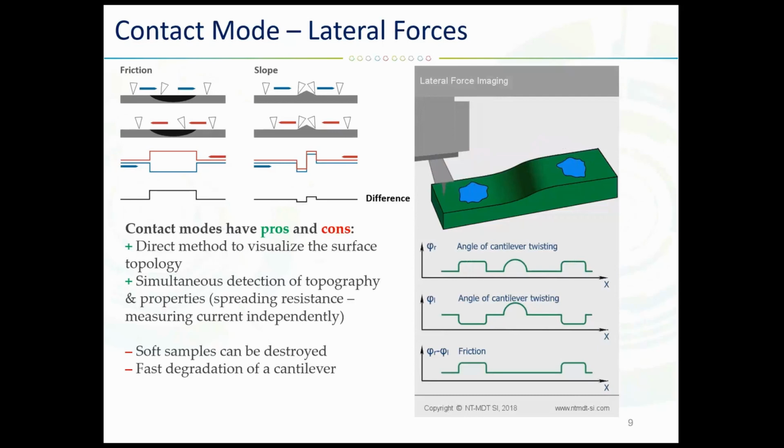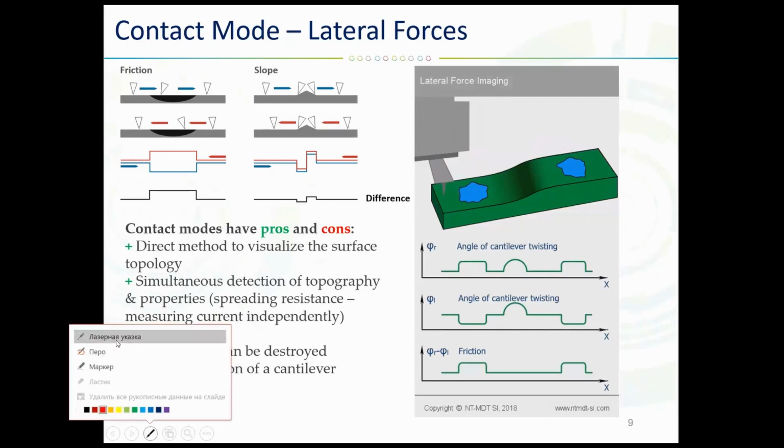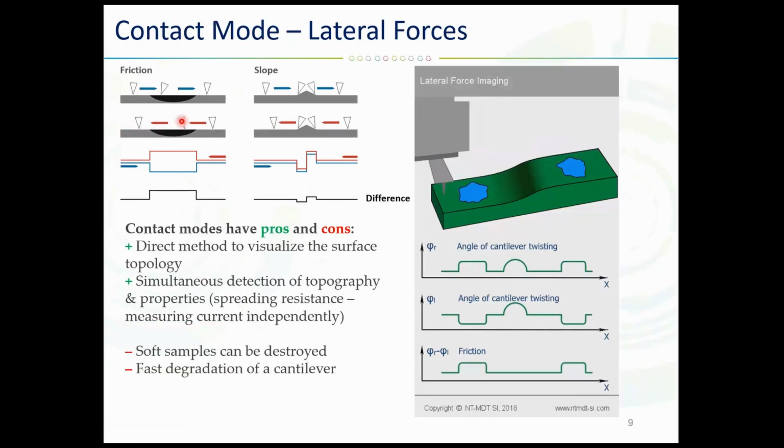This mode is particularly effective for measuring the friction of the surface, because here you can see the twisting of the cantilever depending on the surface of the sample.